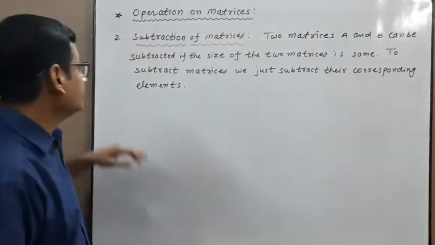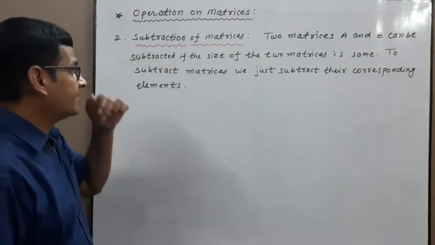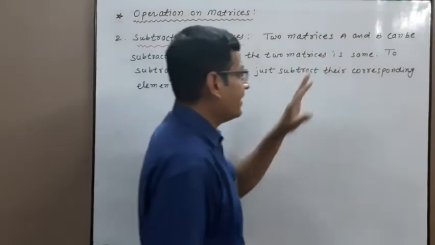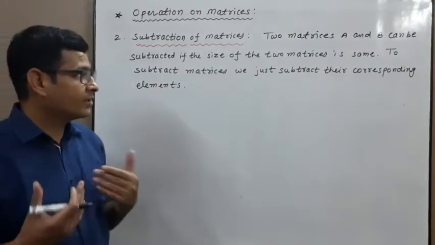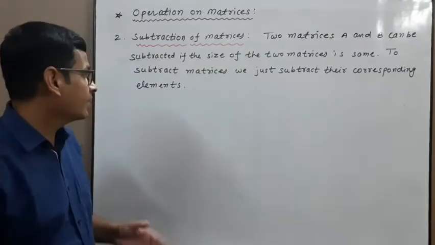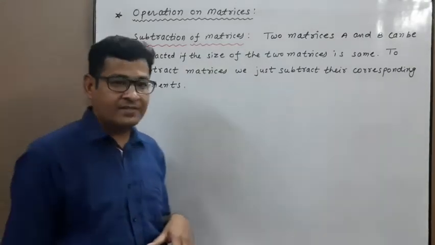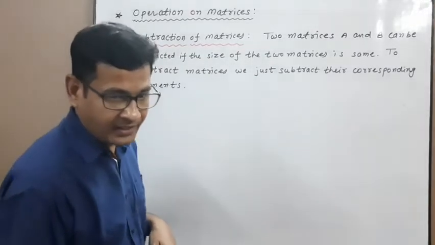Next operation, subtraction of matrices. Two matrices A and B can be subtracted if the size of the two matrices is the same. To subtract matrices, we just subtract their corresponding elements.